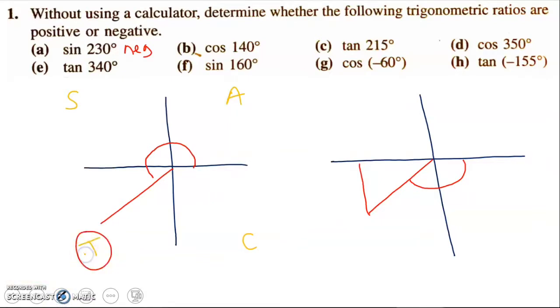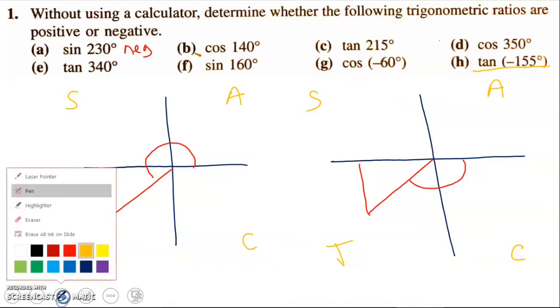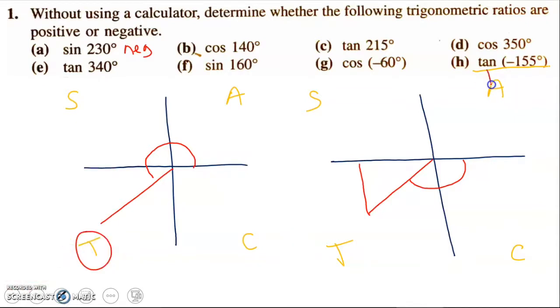Again, remind yourself, everything, sine, tan, and then cosine. We are dealing with values that have opposite over adjacent. So this should be positive here, since we're dealing with tan, and tan is positive in Q3.